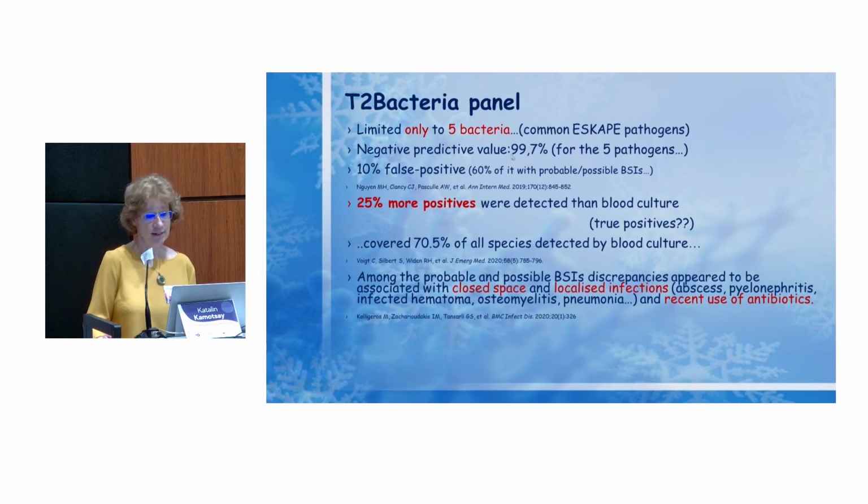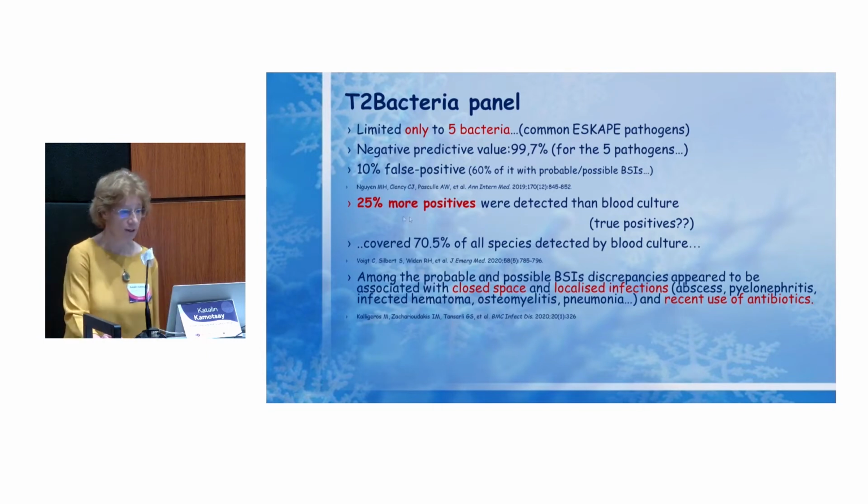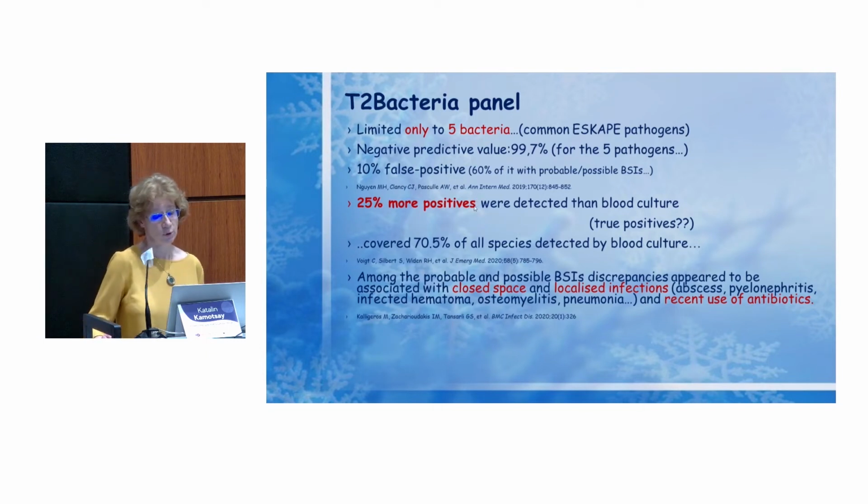The negative predictive value is very high, but only for the 5 pathogens, of course. The advantage is that it can detect more positive cases than the normal original cultivation method, but again the gene is detected and you don't know exactly if it was a true positive or not.